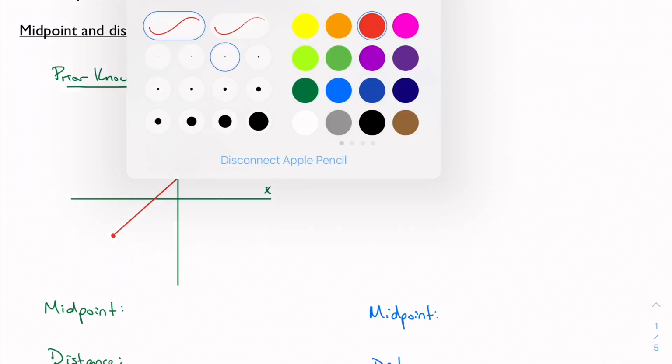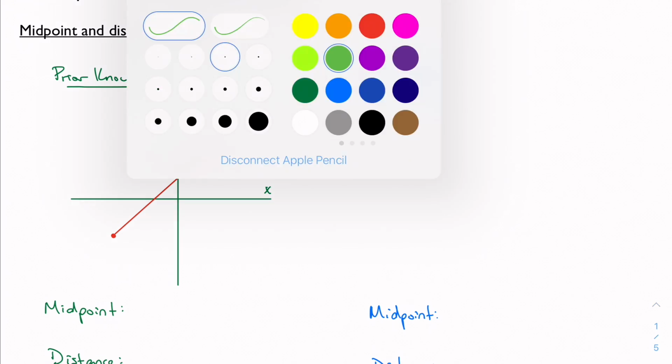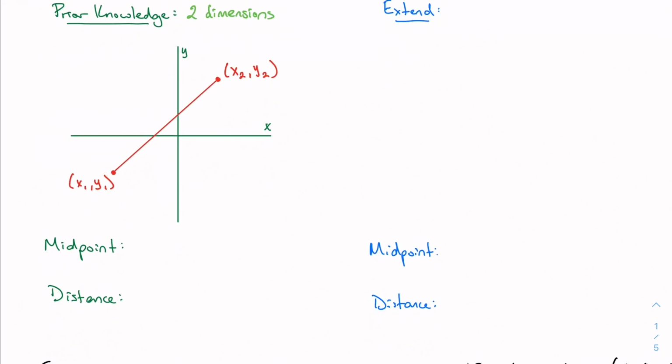We know in 2 dimensions, where our prior knowledge is kind of stuck, we have an xy plane, and I can draw a line segment on that plane, and that segment has points (x1, y1) and (x2, y2), with our subscripts. We learned in geometry that the midpoint formula is given in 2 parts.